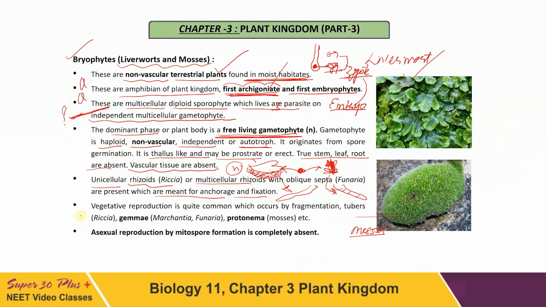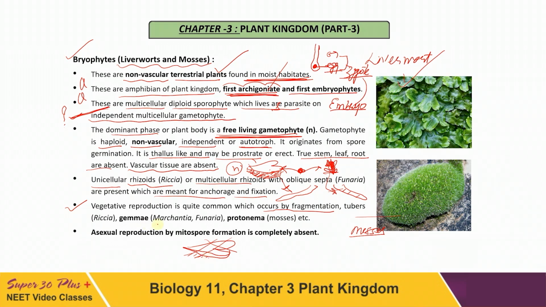Vegetative reproduction is quite common, which is by fragmentation. This thalloid structure may be divided into so many fragments. Each fragment is able to develop into a new plant.